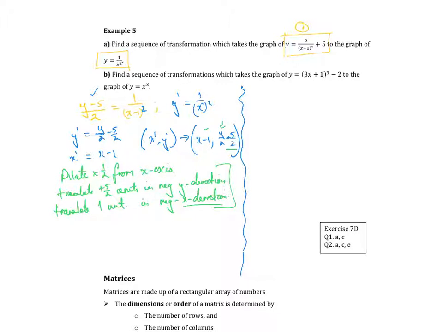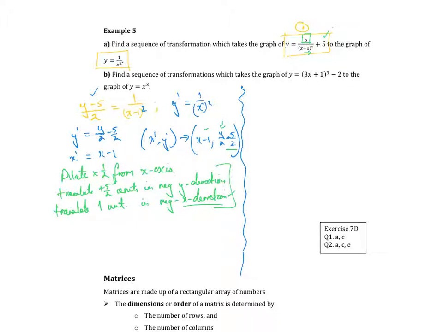Does it kind of make sense? Well, this is 5 units up, so I want to head down. Now I'm talking about going down 5 on 2 units, but we remember that's because of that dilation factor. I'm 1 unit to the right, so I need to go 1 unit to the left, which is what I'm talking about there. So it kind of makes sense. I think we've got it the right way around.